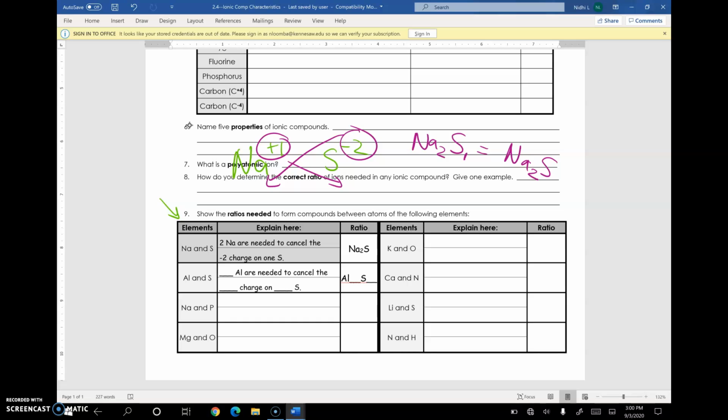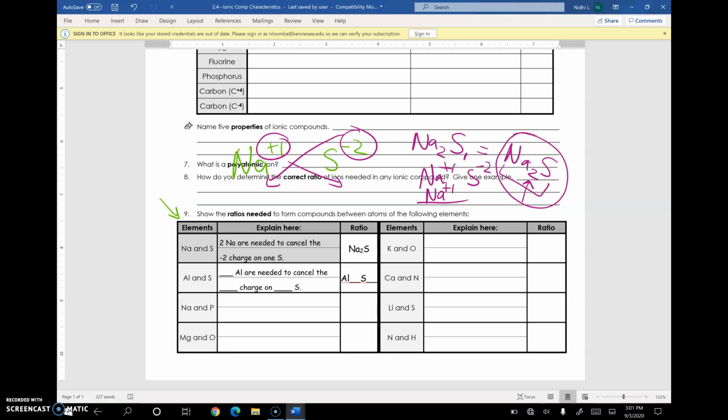Okay, so how many sodium do we have in this formula? This subscript tells me there are 2 sodium. Each of the sodium has a charge of +1. How many sulfurs do we have? We have 1 sulfur in this formula. Each of the sulfur has -2 charge, so 1 sulfur.